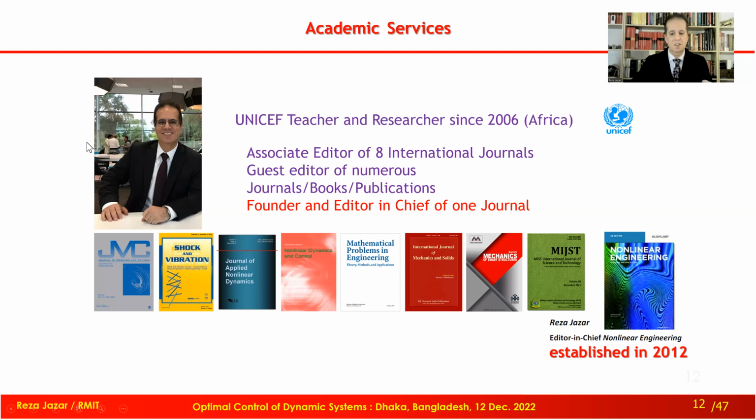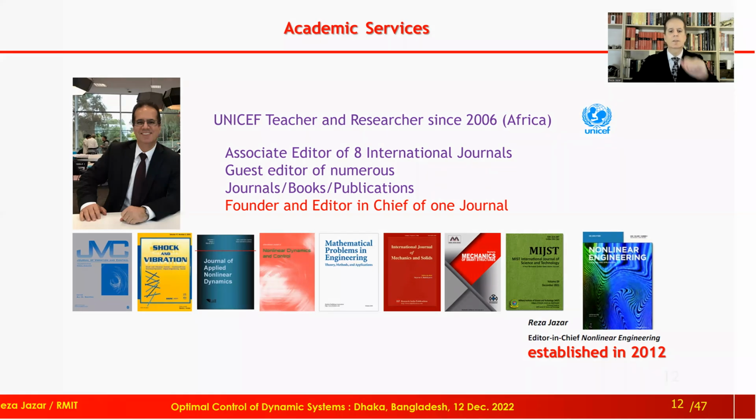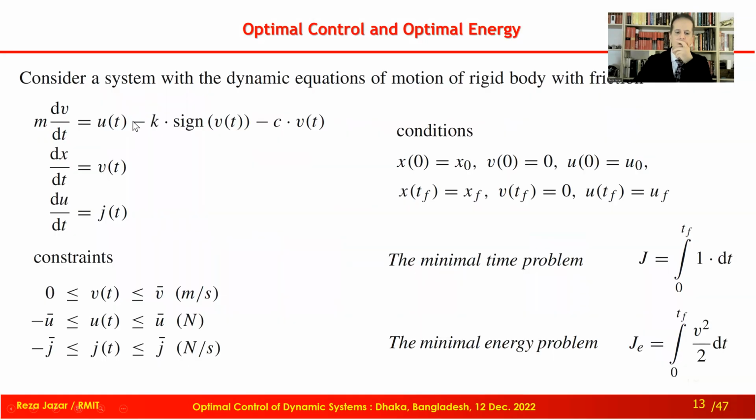So Nonlinear Engineering started in 2012, and it has been publishing for 10 years. Okay, anyway, let's go to the problem of optimal control, time optimal control, and energy optimal control.